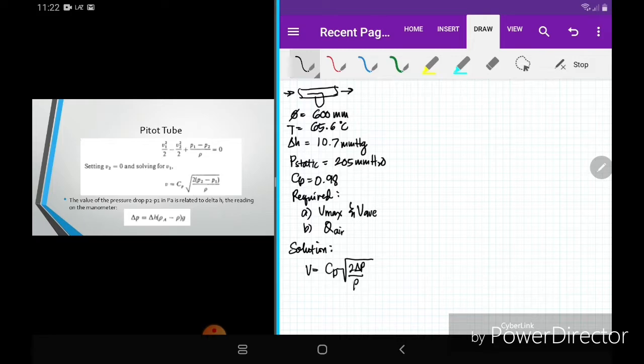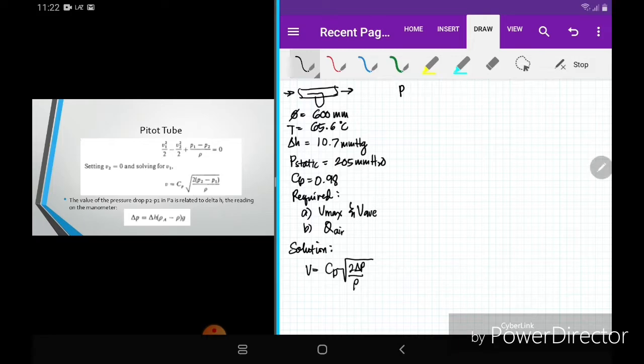So, we need to get the delta P over density, or rather the delta P. Now, as said earlier, delta P is equivalent to the difference between the stagnation pressure and the static pressure. Before we proceed with that calculation, let us first get the properties of the air flowing inside the pipe.